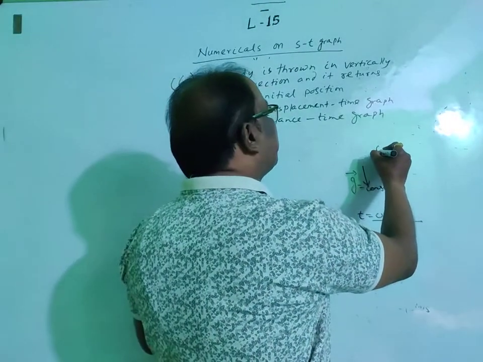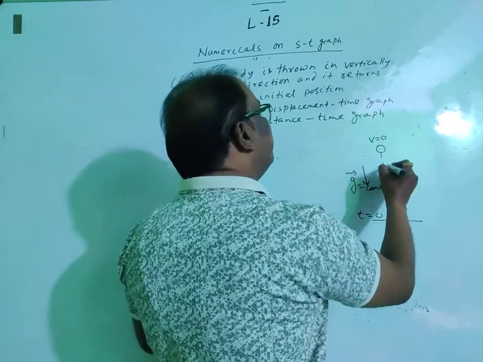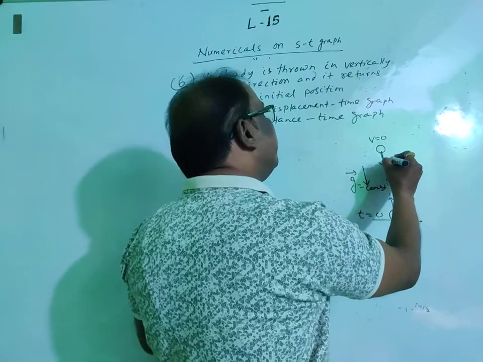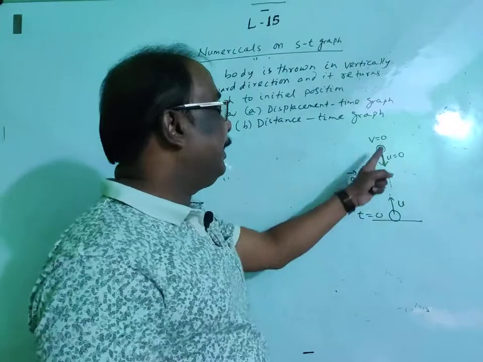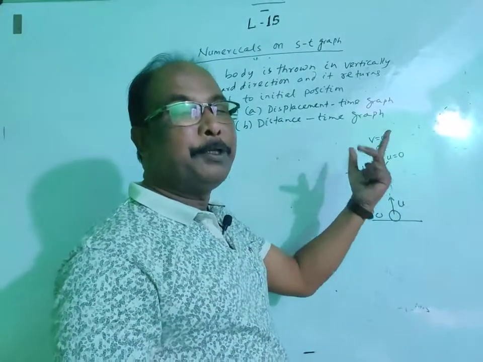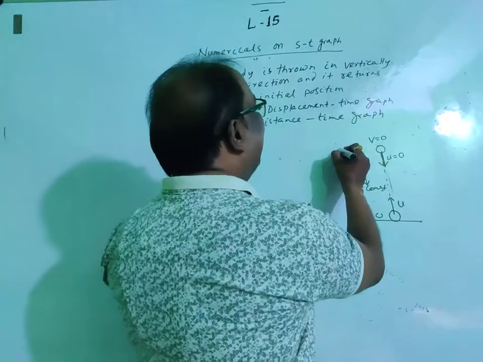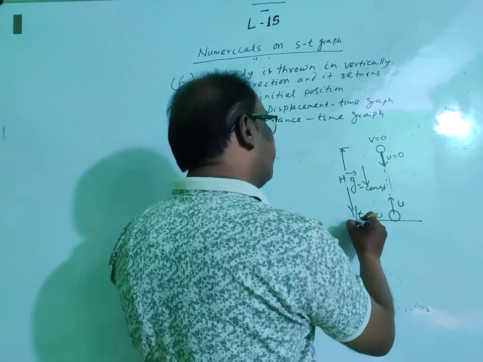So at the highest position its velocity becomes 0 and again it returns to the initial position. Let the body have moved a total height h.